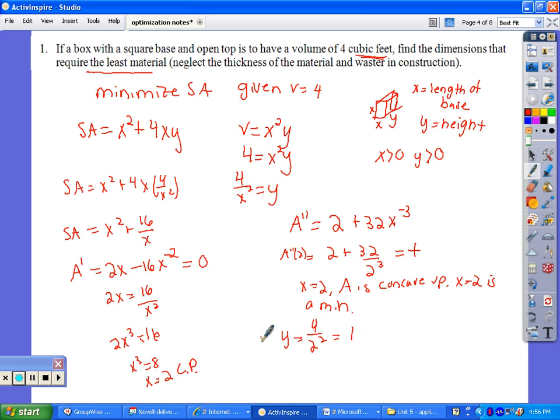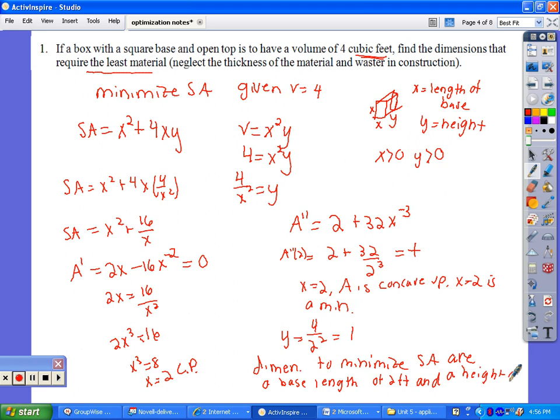And so I'm going to say that the dimensions to minimize surface area are a base length of 2 feet and a height of 1 foot. Okay, and so that's your answer.